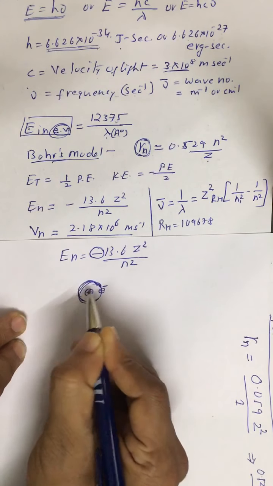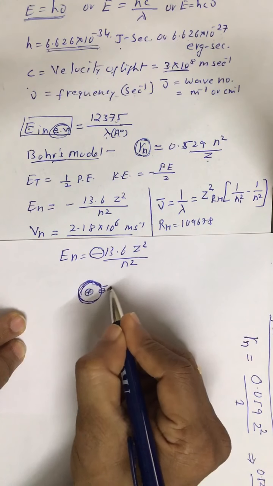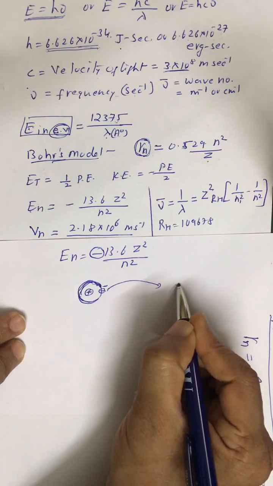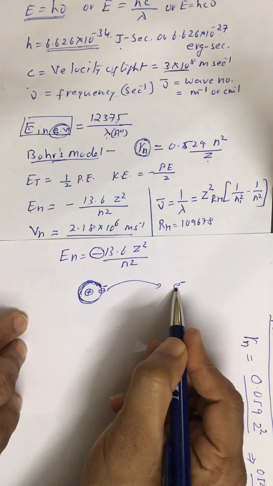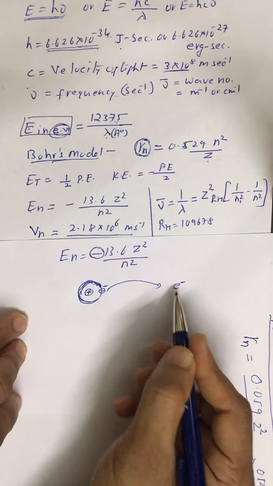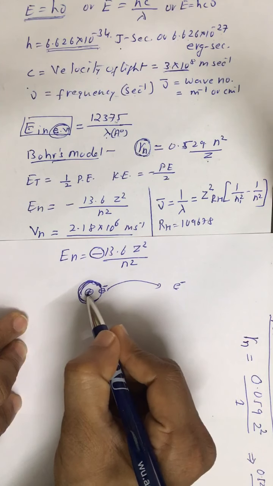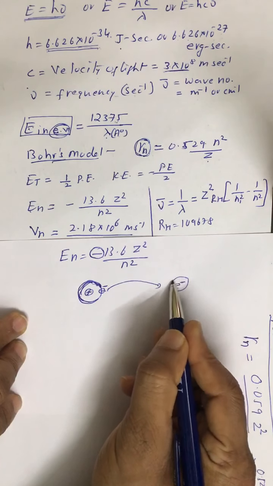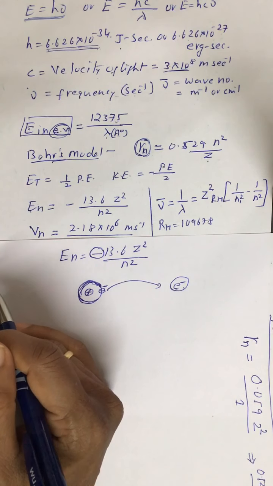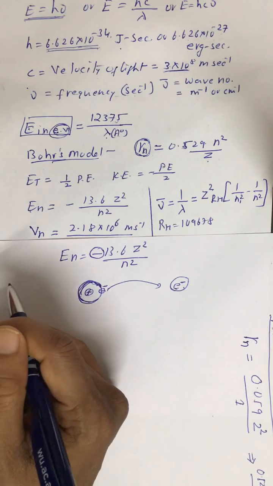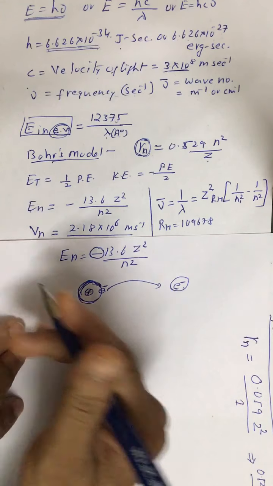All right. If this electron is removed completely, this is an isolated electron, means it is no more under the influence of the nuclear proton, then the energy of the isolated electron is considered zero. Energy of an isolated electron is zero.